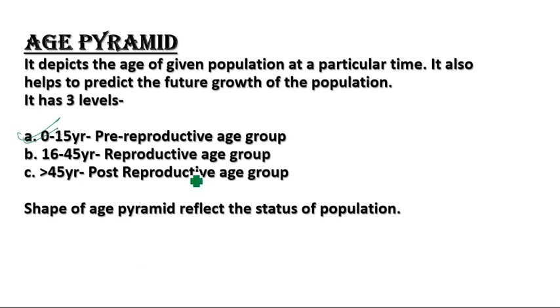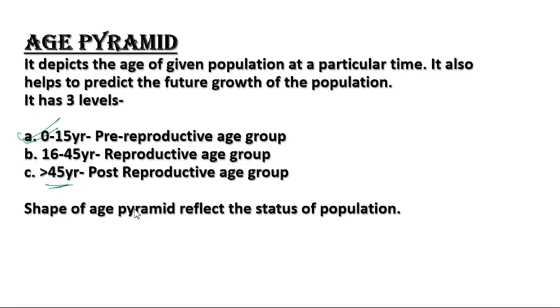The reproductive age group is the group which is capable of reproduction. And the last one is greater than 45 years age group, which are the post-reproductive age groups. So we need to know how many individuals of a population belong to either of these three groups.